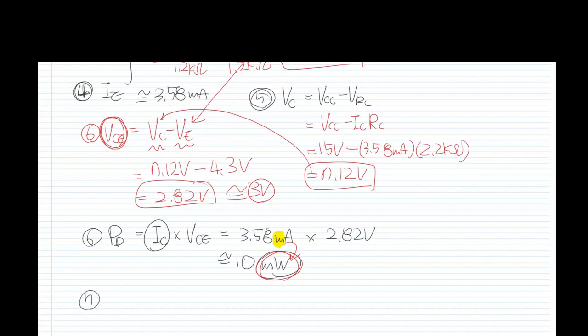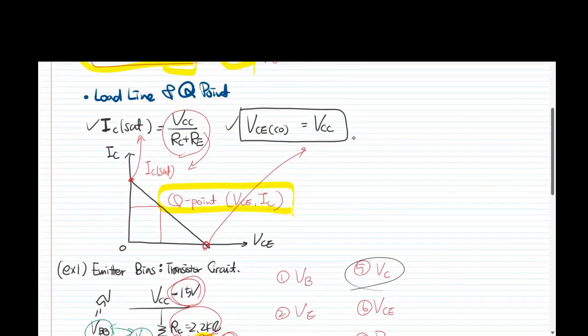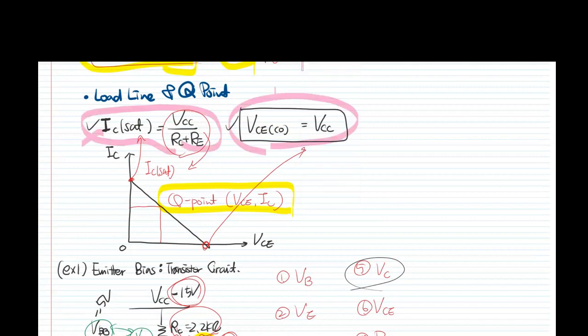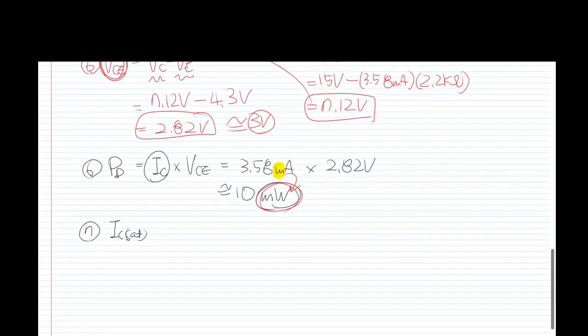So that is the power. And then to draw the load line, we have to find I sub C saturation. Why? Because for the load line, we have to find two things. One is this one, to draw the axis: I sub C saturation is V sub CC over R sub C plus R sub E, and V sub CE cutoff is the same, V sub CC.